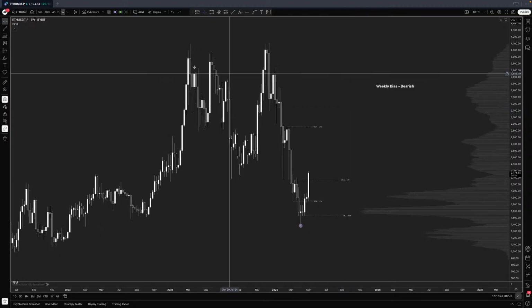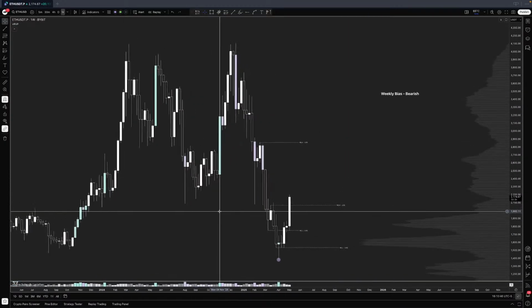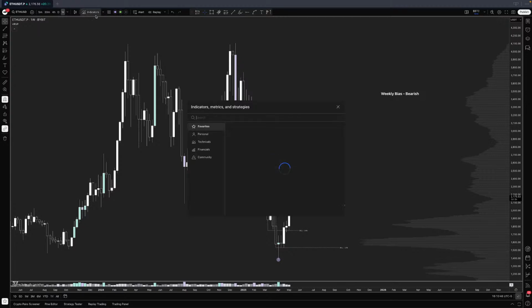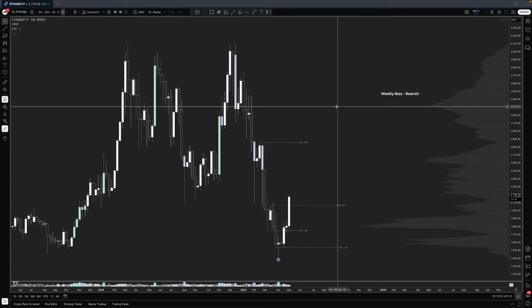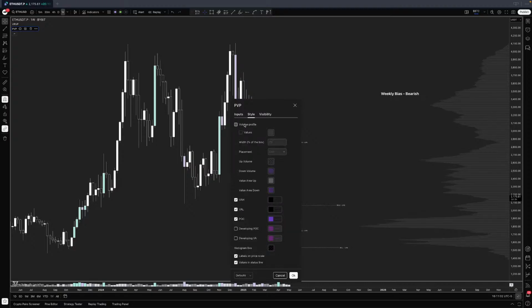Why? Because, yeah, this is a failed auction. And now from the previous teachings, using the periodic volume profile, remember guys, from one period, because I want to see where the most volume was concentrated at a certain price level.